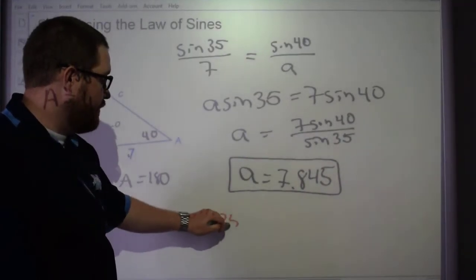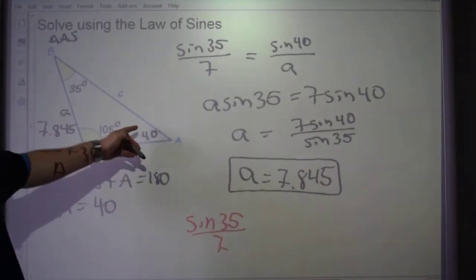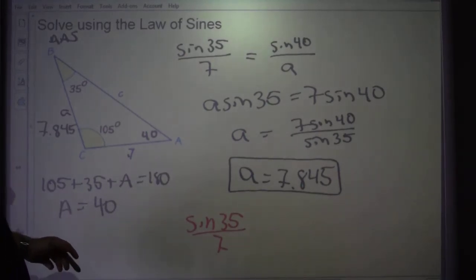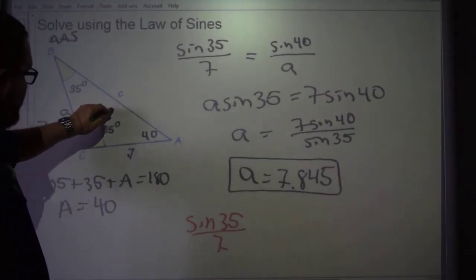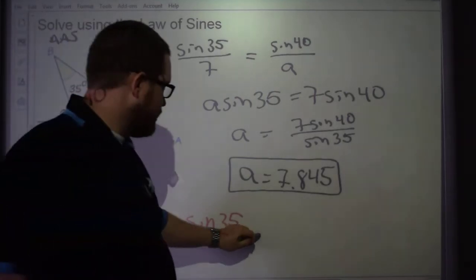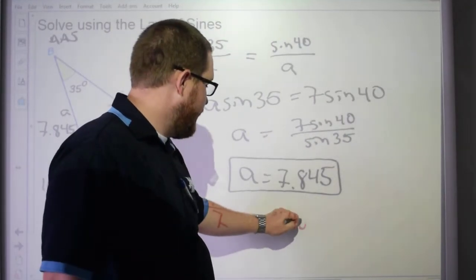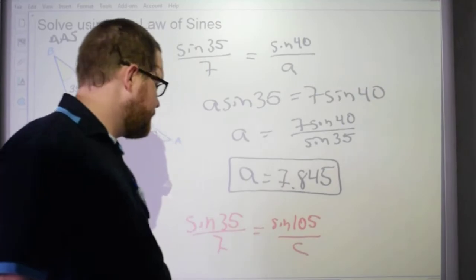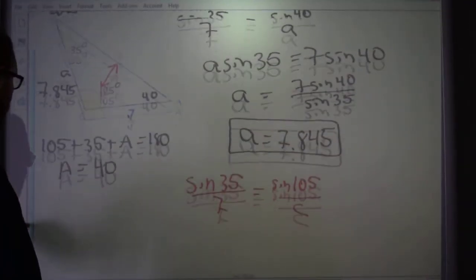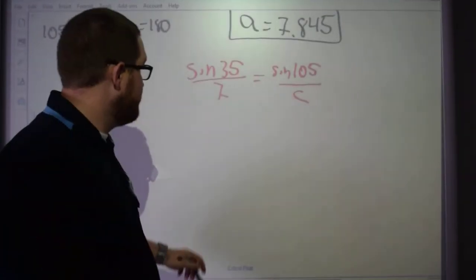Now, let's use the same ratio. Sine 35 over 7. I could use the ratio I just found, but I'm going to stick to the one I have, to find side C. So sine of 105 over C. Same as before, I'm just going to cross multiply.